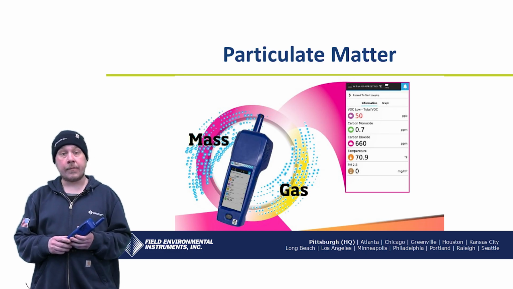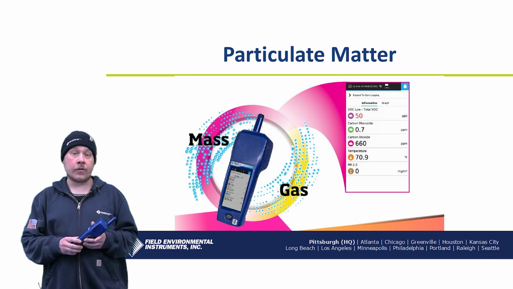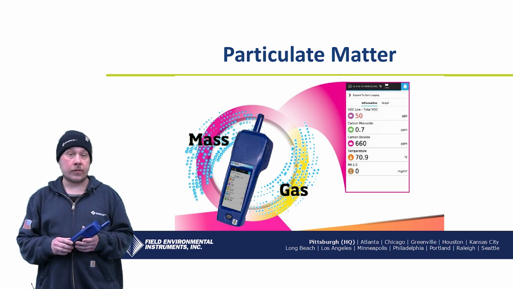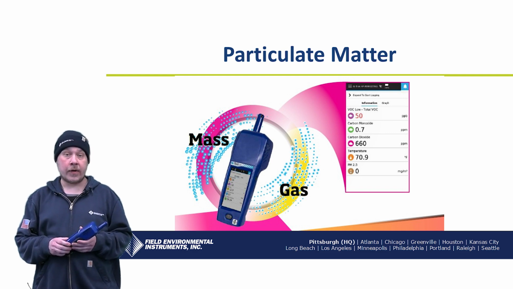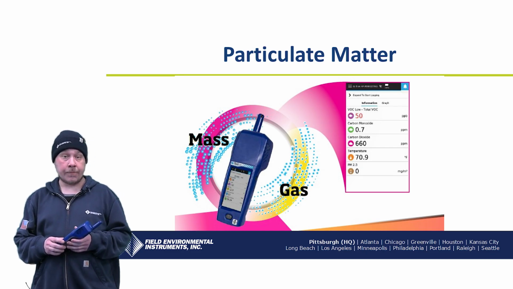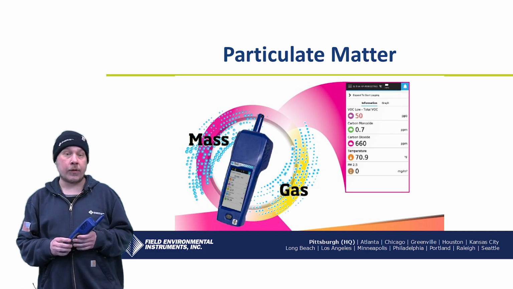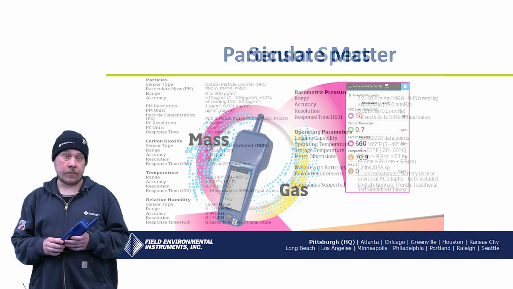Unhealthy levels of PM can increase the risk of heart disease, asthma, and reduce lung function. With the XP, you can measure particle mass concentrations of PM10, 2.5, and 1, and particle counts all simultaneously. PM, particularly PM 2.5, is a key indicator of air pollution's health impacts and is associated with diseases.